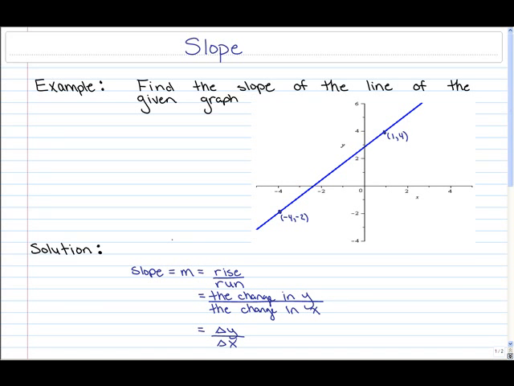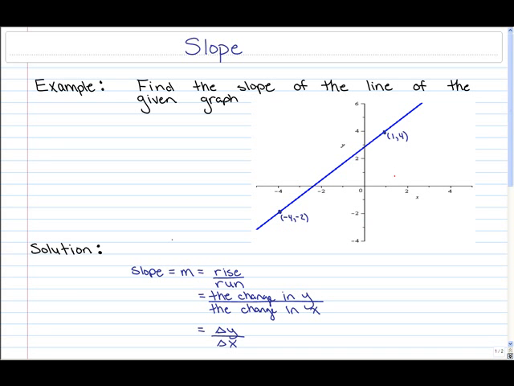So if you take a look at your graph here, you have 2 points, one here and one here. Now the change in the y direction is just simply the change right here, and the change in the x direction between the 2 points is just simply the change right here.